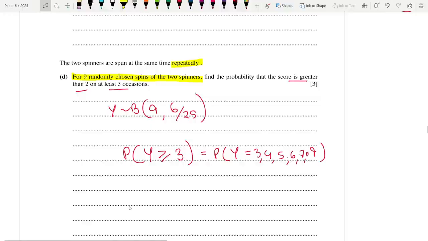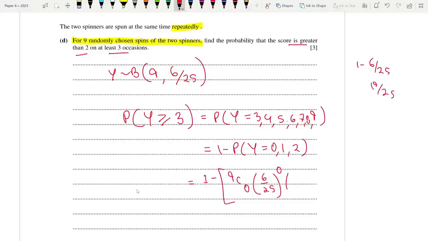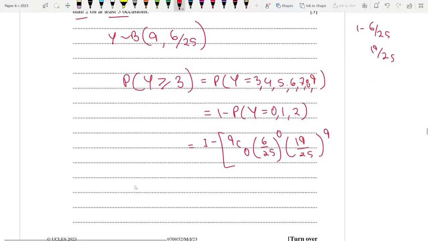So instead we can go for 1 minus P(Y) equal to 0, 1, 2. So let's begin. 1 minus 9C0, 6 by 25 to the power 0, times 1 minus 6 by 25. 25 minus 6 is 19, so 19 by 25 to the power 9.